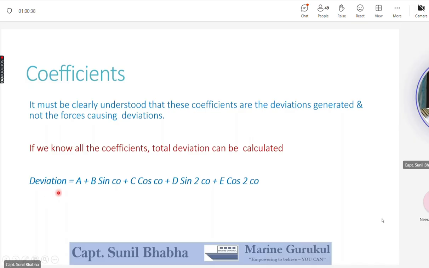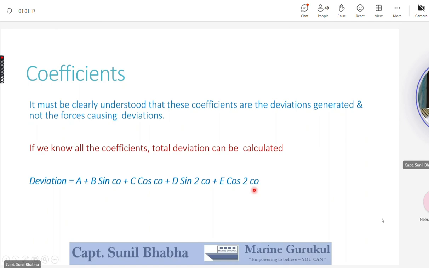The formula is: deviation is equal to coefficient A plus B sine course plus C cos course plus D sine twice the course plus E cos twice the course. This is a very, very important formula in magnetic compass, and it helps you to understand the basic fundamental behind the coefficients. How does it help to understand that?